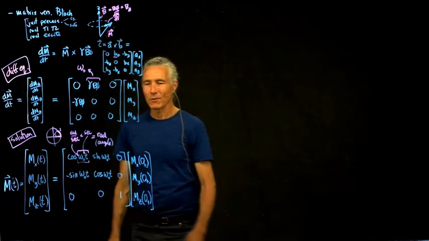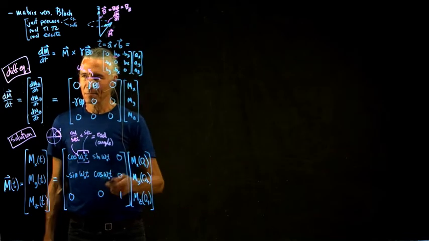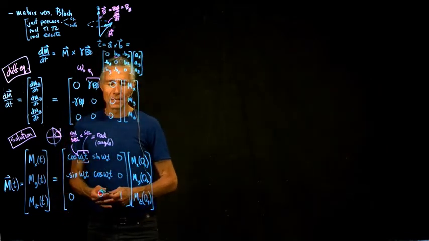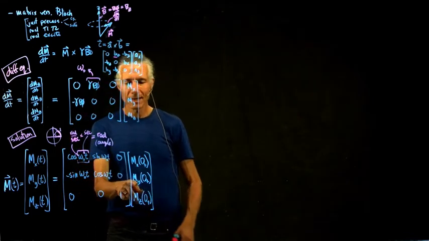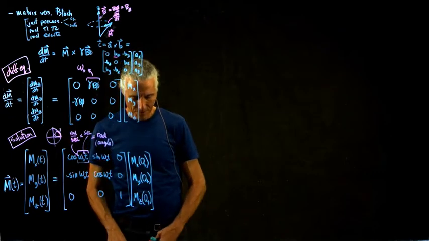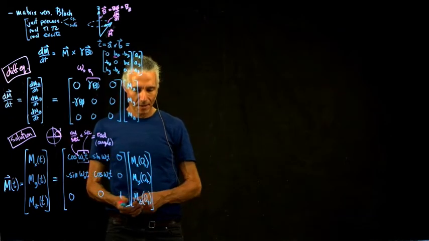And when you do this multiplication here, what you're doing is effectively rotating the starting magnetization vector. So what does that look like?